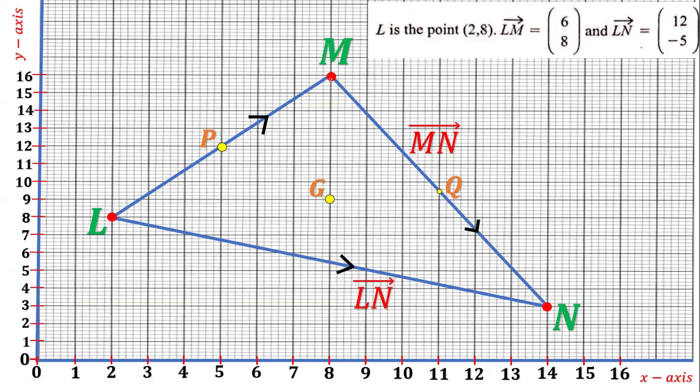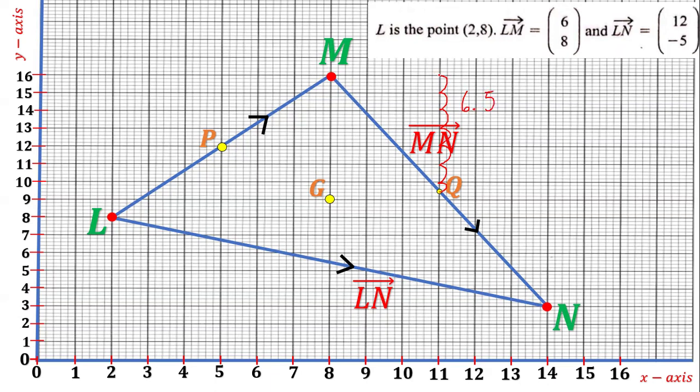So if you look at M, let's go in this direction. We go a half, then after the half we have 1, 2, 3, 4, 5, 6. So basically, this is 6.5 for the y component.